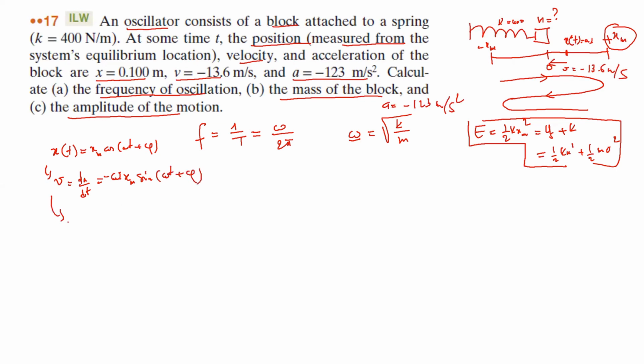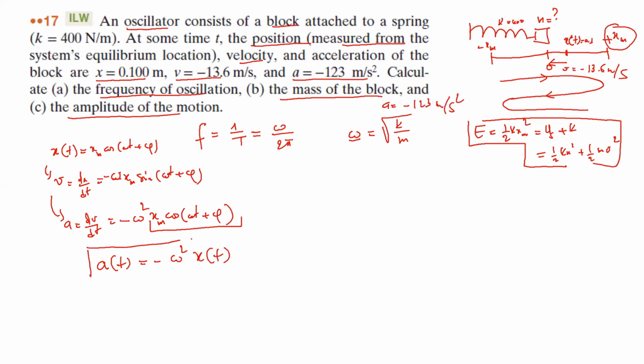And then from this, I can get the acceleration. Acceleration is the derivative of velocity with respect to time. So I will have minus omega squared xm cosine, because I derive sine, I will have cosine of omega t plus phi. And then I told you that, of course, this is x. So I will have acceleration at any time is equal to minus omega squared multiplied by the position at that time.